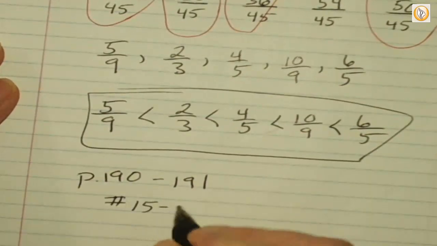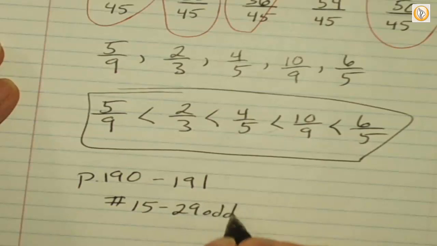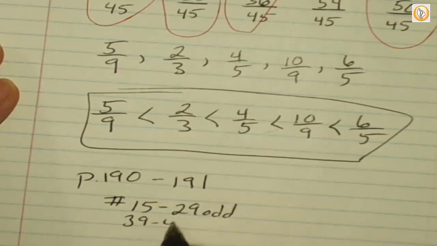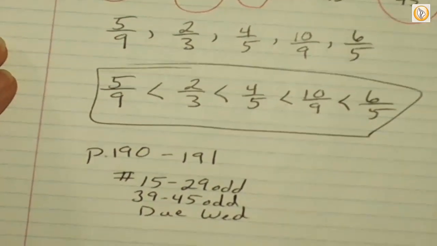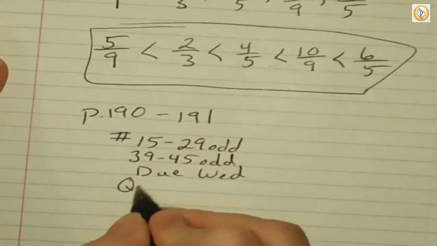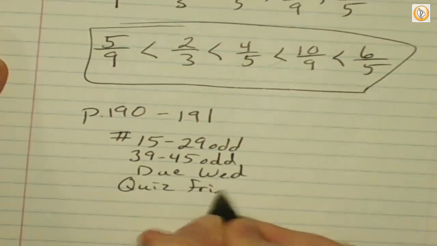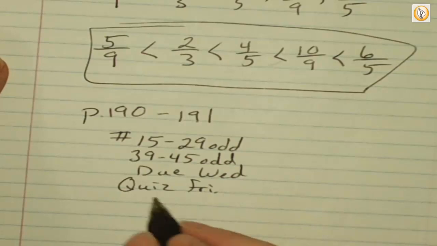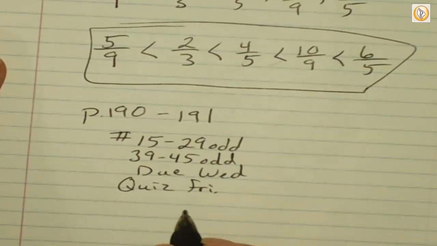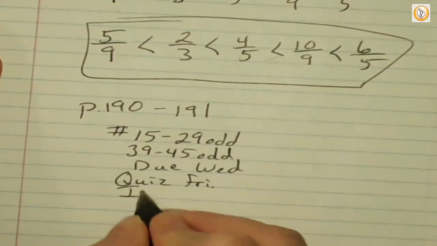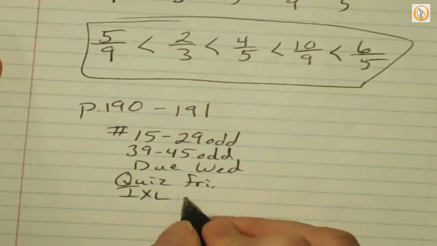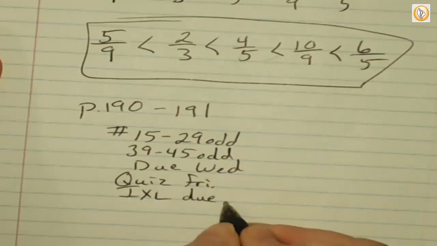Numbers 15 through 29 odd and 39 to 45 odd. These are due Wednesday. You will have a quiz Friday. I will have a sub on Friday, by the way. I know that the sub is coming on Friday, but you will have a quiz. And your IXL, I'm going to go ahead and have it due Friday.